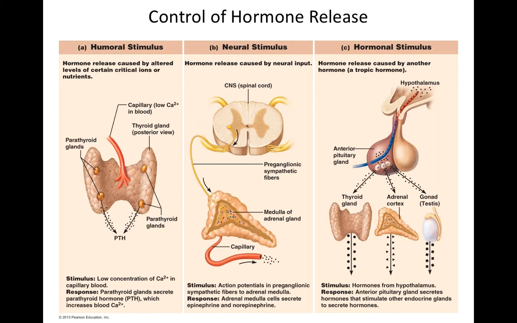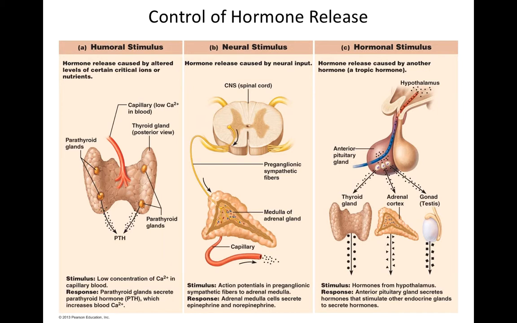Insulin is released when blood glucose goes above 90. Glucagon is released when it drops below. So these don't necessarily have anything telling them to do anything other than working off of the homeostatic level. And then they're going to work on negative feedback loops. So you've got multiple different ways to control hormone release.